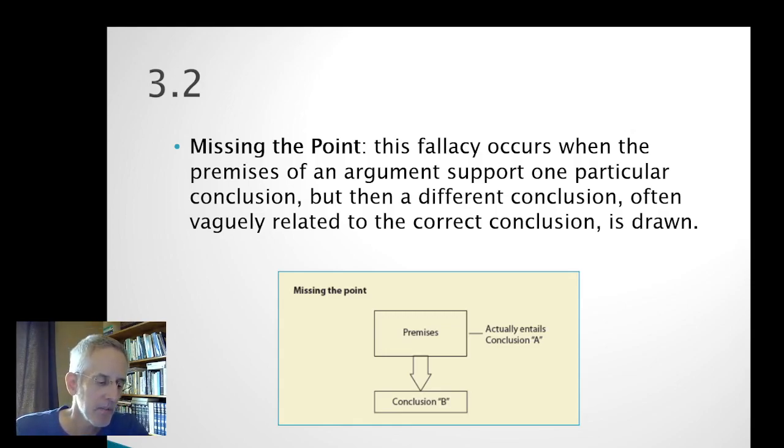So for example, somebody might argue that our prison system is failing, it's costly, it doesn't rehabilitate people, it causes a number of social problems, and doesn't produce the desired results, essentially.